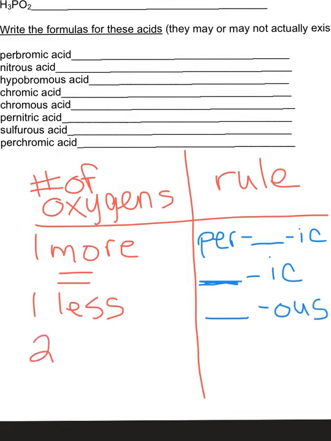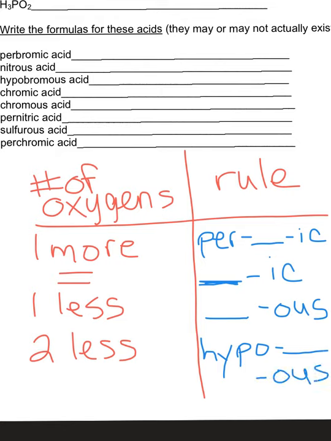And then if we have two less oxygens than our reference ion, we're going to have an ending that starts with the prefix hypo and ends with OUS. So this little chart that we made, you're pretty much going to have to commit it to memory.